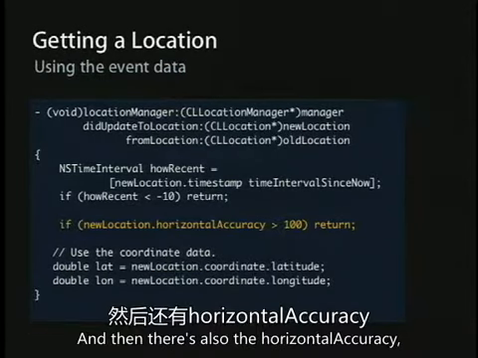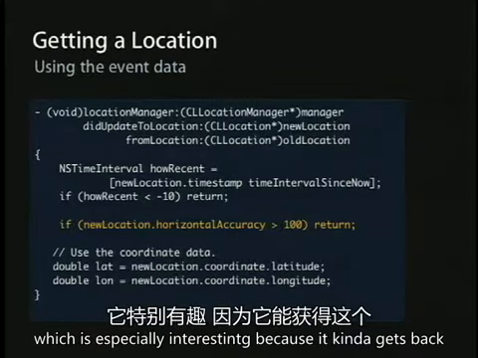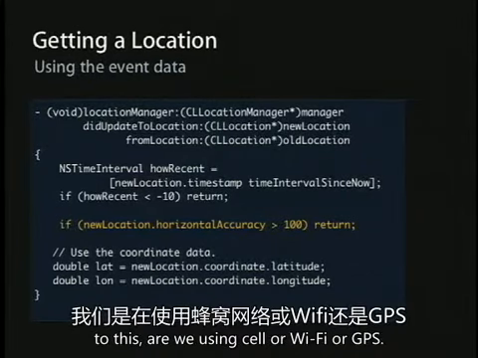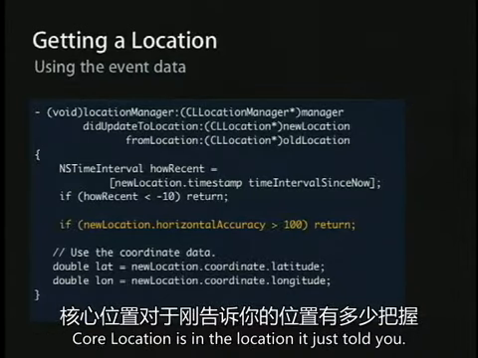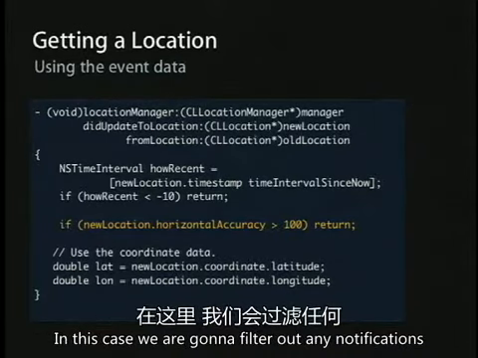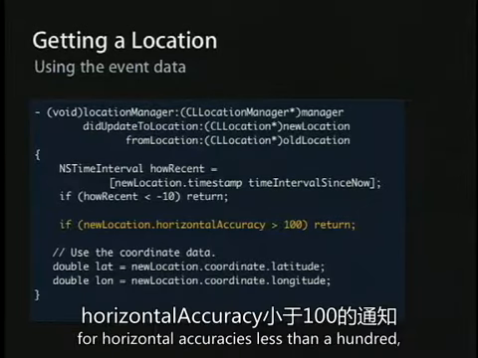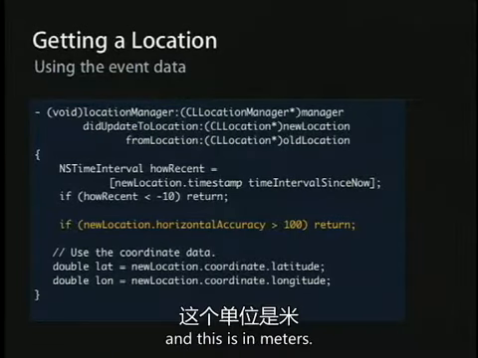And then there's also the horizontal accuracy, which is especially interesting because it kind of gets back to this question: are we using cell or Wi-Fi or GPS? The horizontal accuracy is going to tell you how confident Core Location is in the location it just told you. In this case, we are going to filter out any notifications for horizontal accuracies less than 100, and this is in meters.